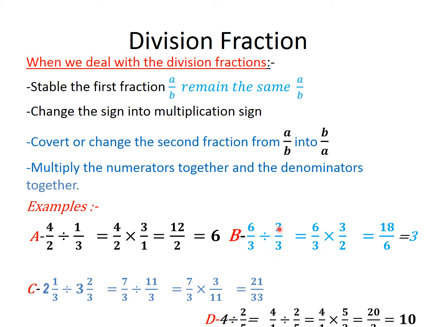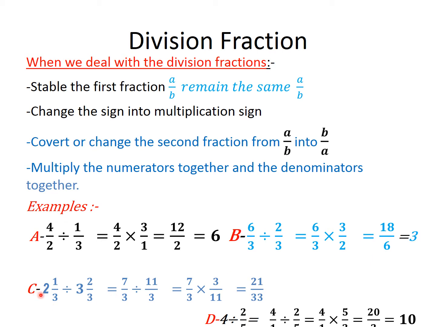After that, change the second fraction. Change it from 2 over 3, it will be 3 over 2. And then multiply the top numbers together and the bottom numbers together. 6 multiply 3, it will be 18. 3 multiply 2, it will be 6. 18 divided by 6, it will be 3.